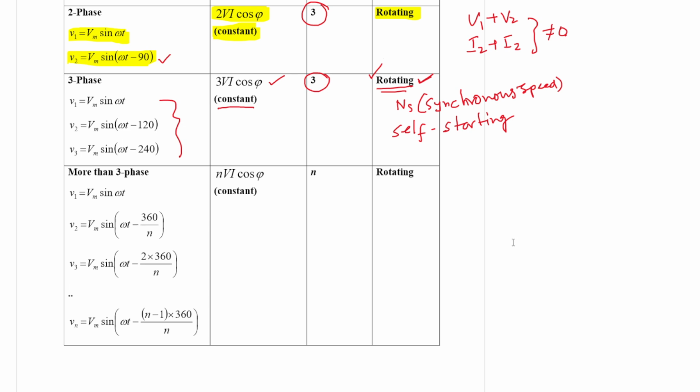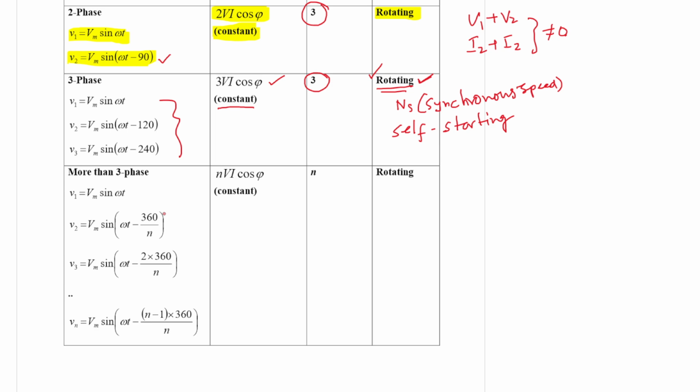Now one question can come: if a three-phase supply can give 3 V I cos phi, then why not go for higher phases like 4 phase, 5 phase, 6 phase, which will give you n V I cos phi? Why not use more than 3 phases?